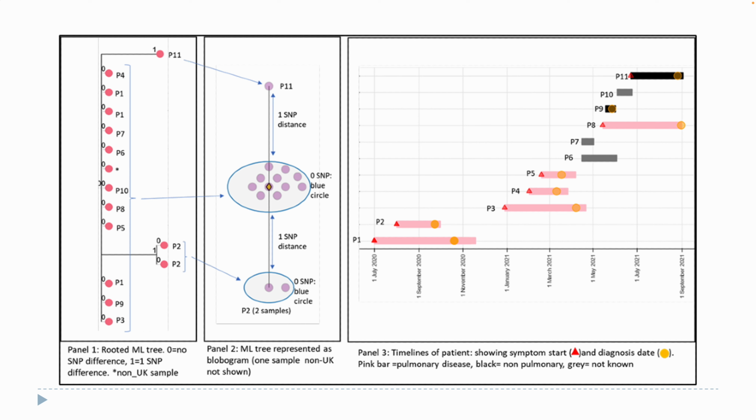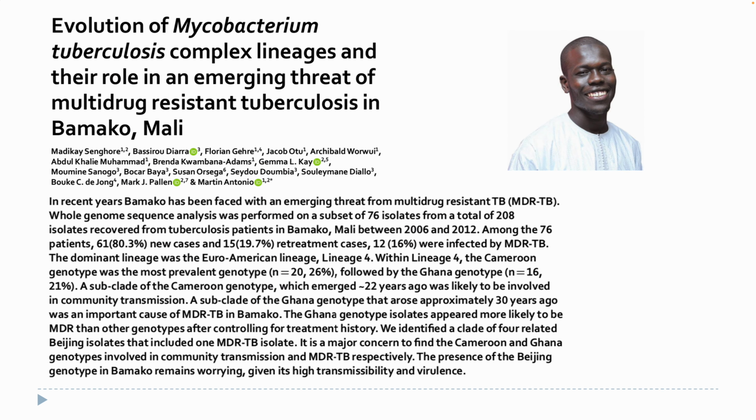And then you can put this onto patients, and you can draw a graph of how this looks in terms of when the diagnosis happened, what particular strain it was, and how the emergence of strains maps onto time.